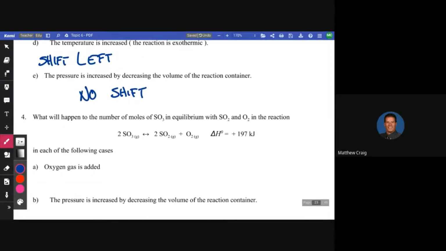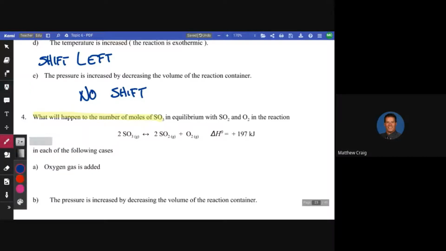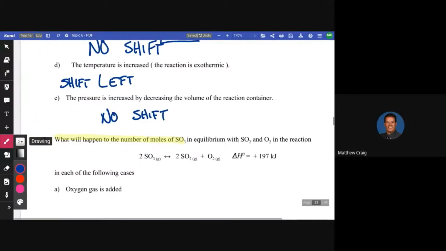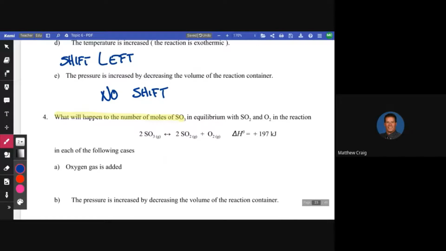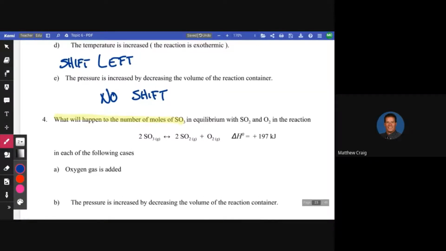Number 4. What will happen to the number of moles of SO3 in equilibrium with SO2 and O2 in the reaction? So be sure to ATFQ here.